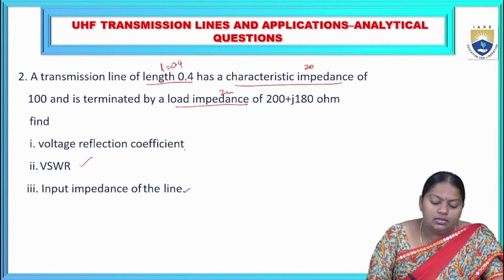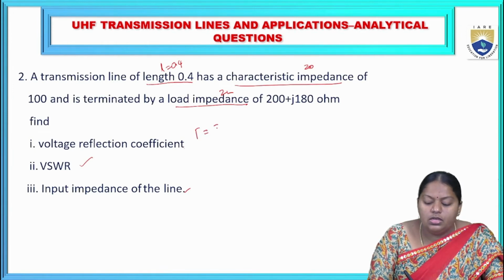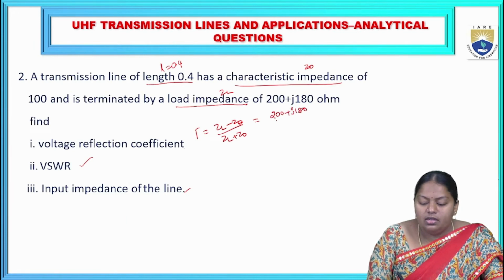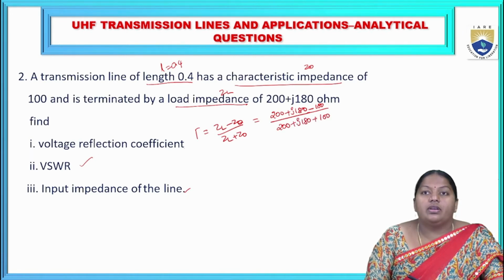To find the voltage reflection coefficient, gamma equal to ZL minus Z0 by ZL plus Z0 is the formula. According to the formula, ZL is 200 plus J180 and Z0 is 100.